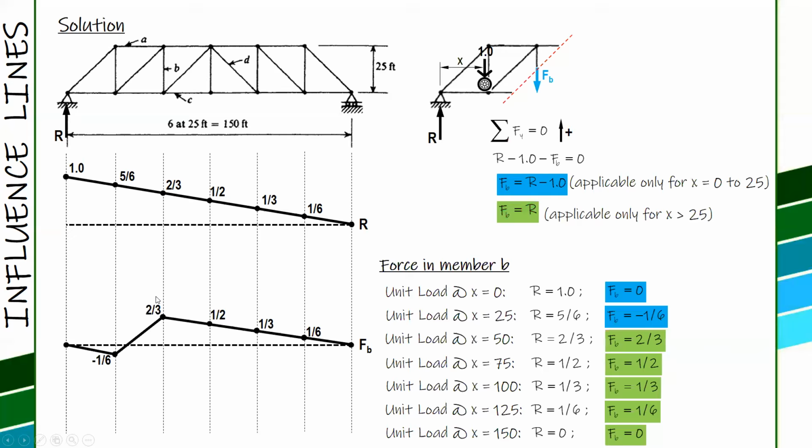So this is how you plot the bar force of a truss. The procedure: you start with the influence line for the left support, and then cut a section passing through the member that you will consider. Then statics, depending on which condition you can use, either summation of moment or summation of force, and know the restriction of your expression, the limit of the value of x.